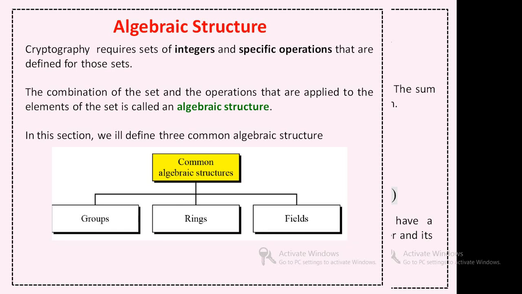So for the time being, let us find out what algebraic structures are and how groups work. Hopefully I'll finish off with the group today itself. They have certain properties, and based on those you have to test and verify whether a certain operation or condition can be classified as a group.